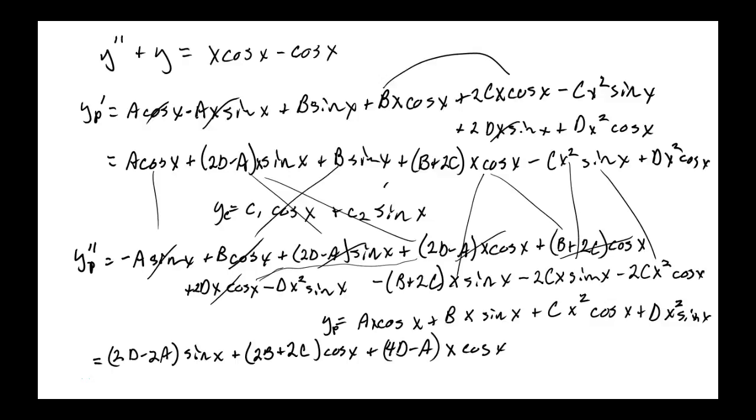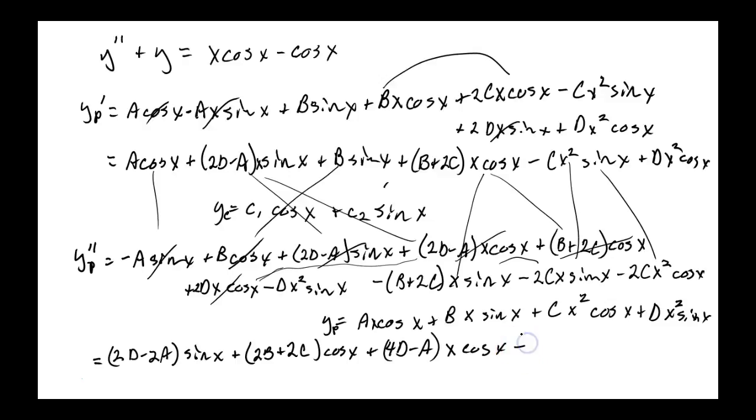All right. Now we have x sine x. These are these two right here next to each other. That's a minus b minus 4c x sine x. So how's the best way to do that?